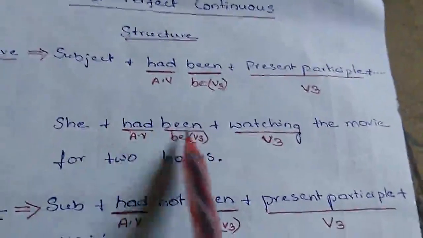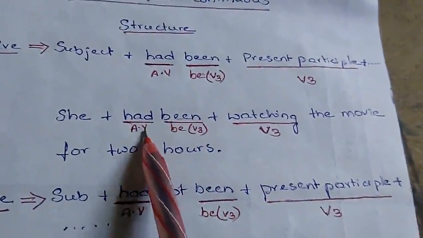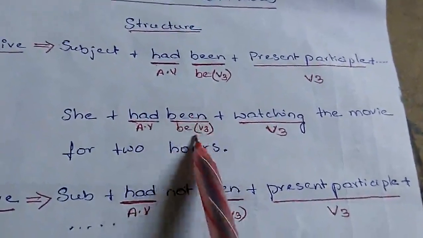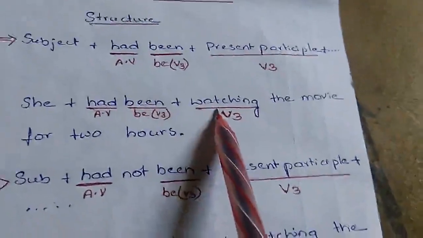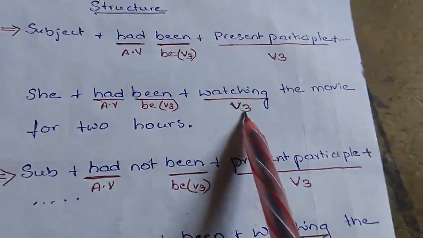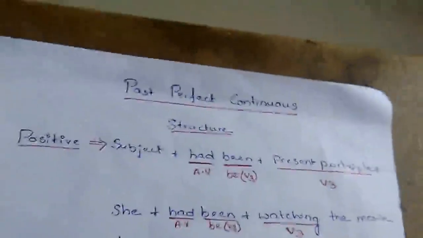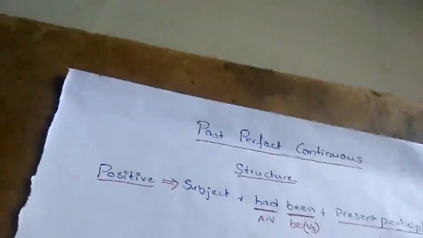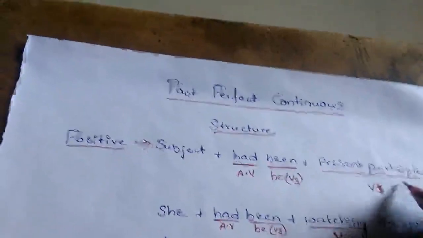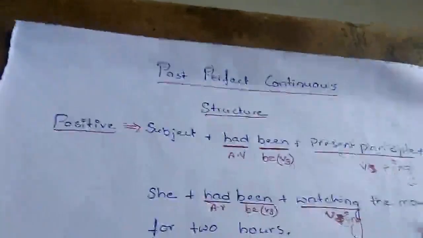See in the example, she is the subject, had is a helping verb, auxiliary verb, been is the V3 form of be, and watching is in present participle form, that is V plus ing form.